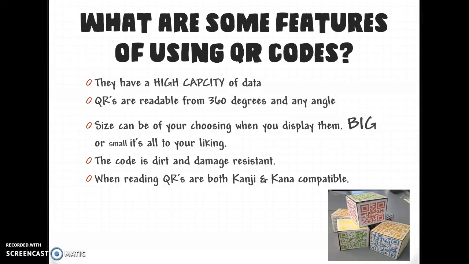And these little barcodes, QR style, are dirt and damage resistant. And for the parents in the room, they are super hard to destroy, which is also a teacher's dream. They have a correction capability built right in, so any little nicks, scratches, or bends don't present a problem at all.